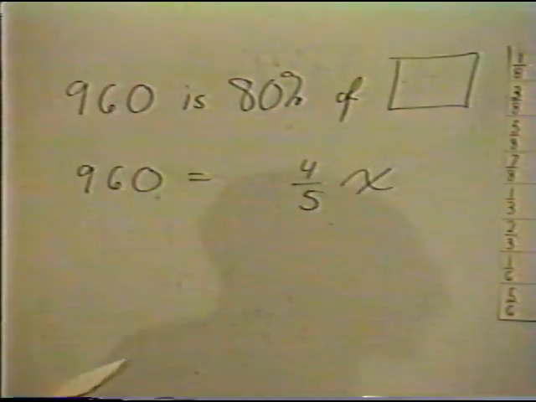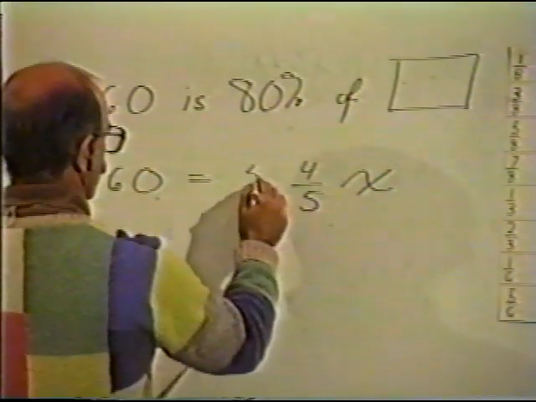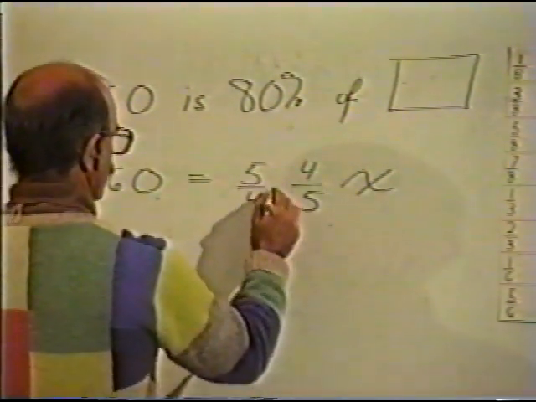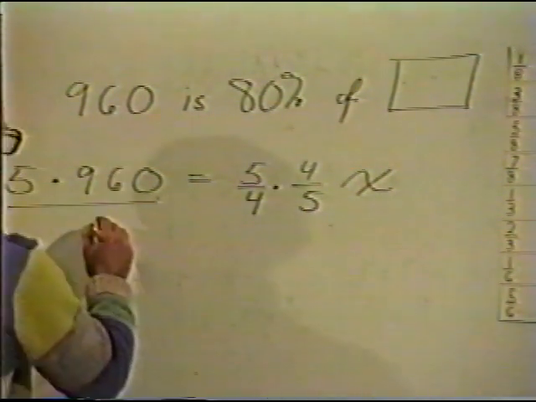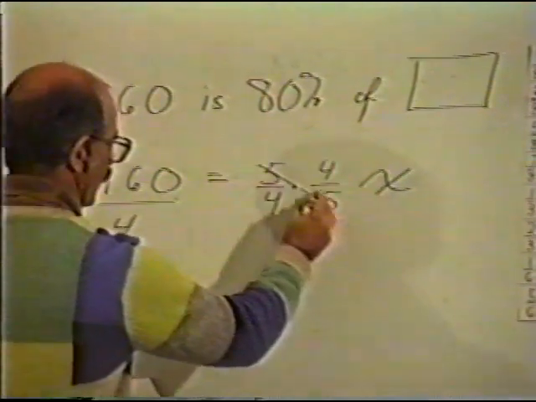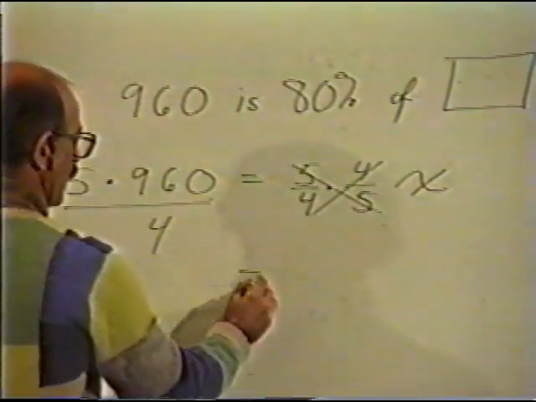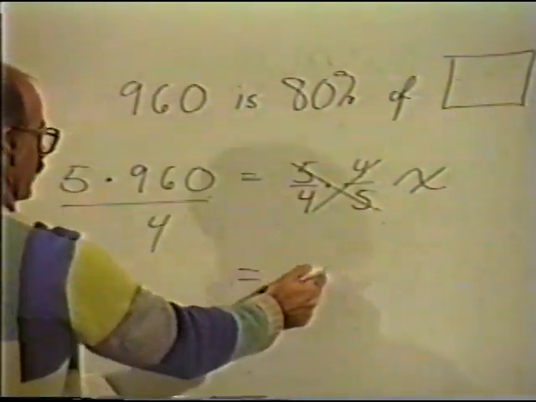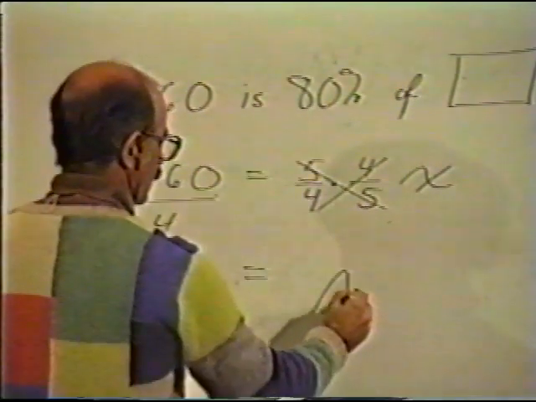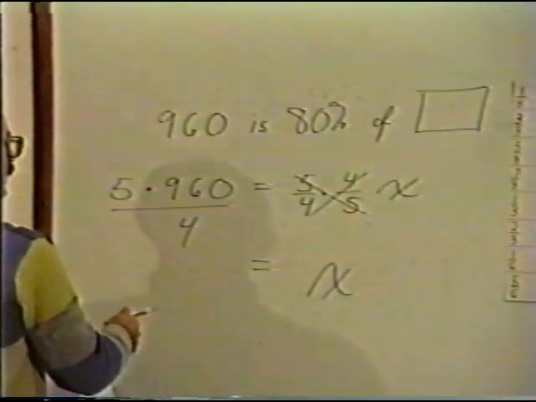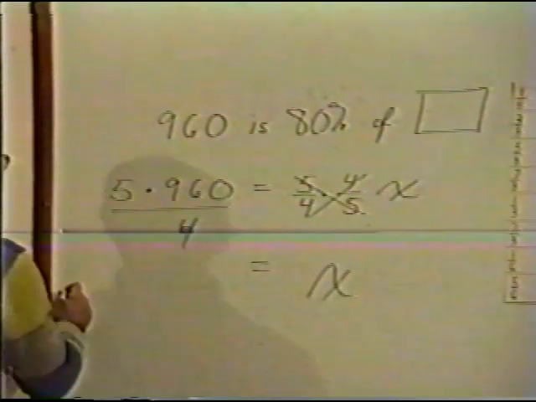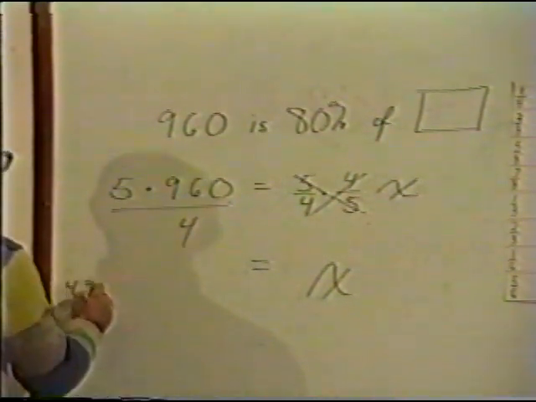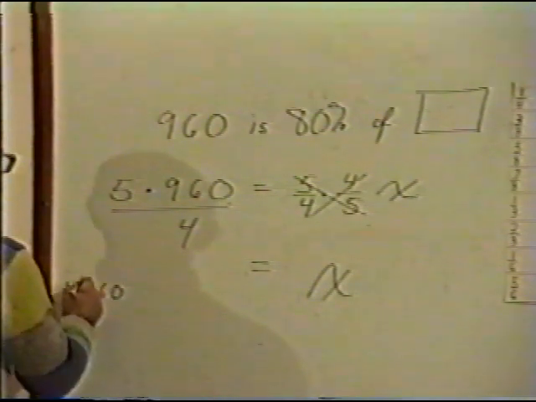Again, we multiply both sides by the flip-flop, 5/4. These cancel away, and on this side we have just plain x. Over here, can we cancel the 4 and the 960? Yes. Let's find out for sure.